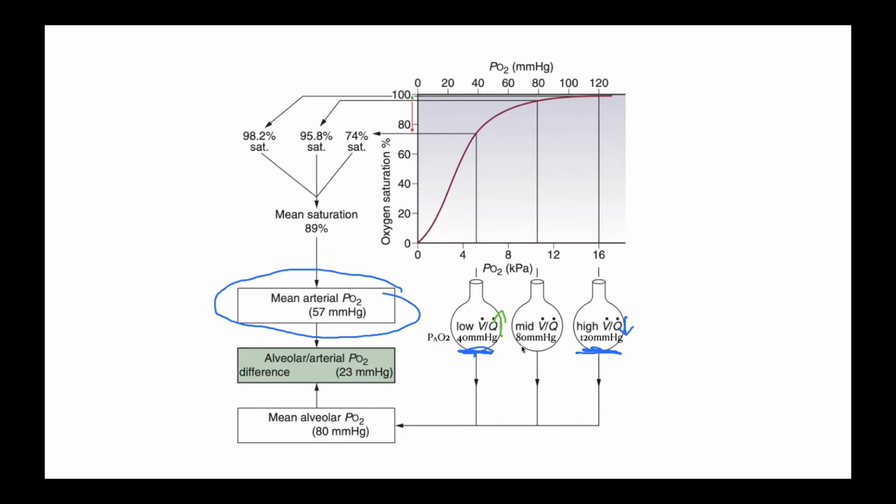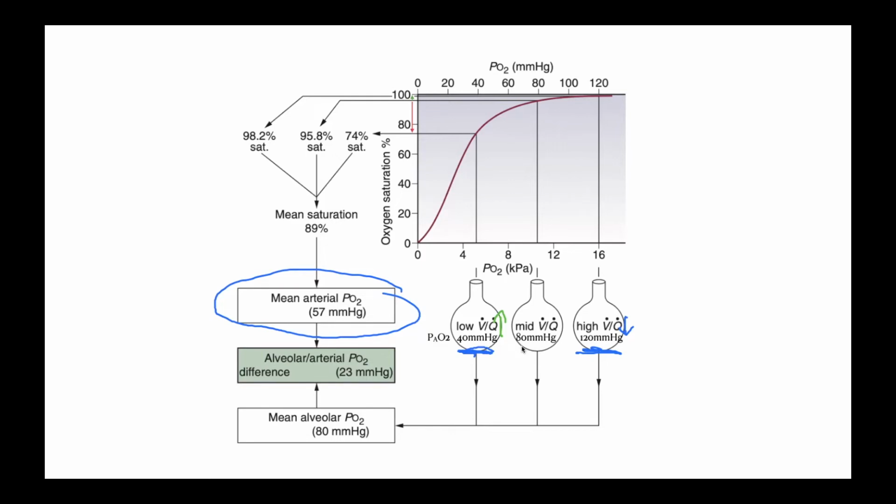And this is sort of where they sit on average. And the thing to note is that when you've got blood passing through the high VQ units, they will be well oxygenated, all right?